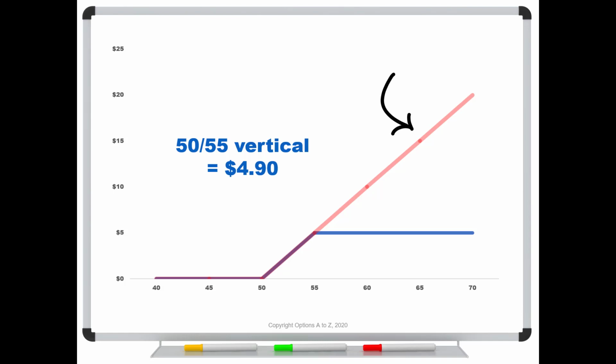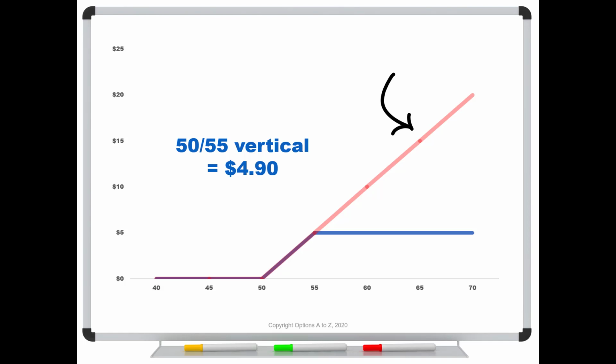Well, now you have to ask yourself, why do you want this as part of your strategy? Now remember, it's not actually something that you hold in your account. Remember, you're just long the $50 call. But in a sense, you are long the 50-55 and the 55-60 and the 60-65 and so on. Again, those are just some of the sub-pieces you can think of in that single strategy.